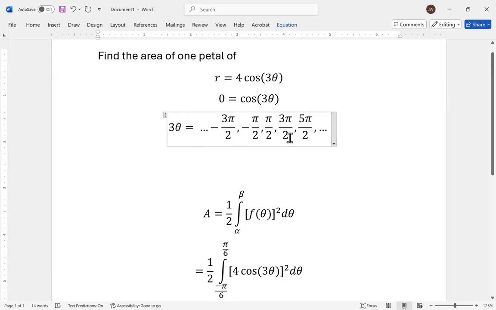Since 3 theta equals that, dividing everything by 3 would give me that theta equals all of these things, except instead of a denominator of 2, I get a denominator of 6.